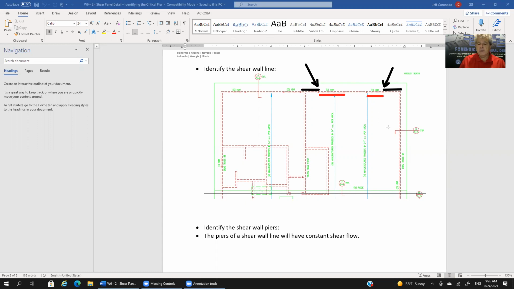Well, simplistically, for our purposes right now, which is simply to calculate overturning, a header is a beam that supports this amount of roof, right? This roof area here is tributary to this beam.